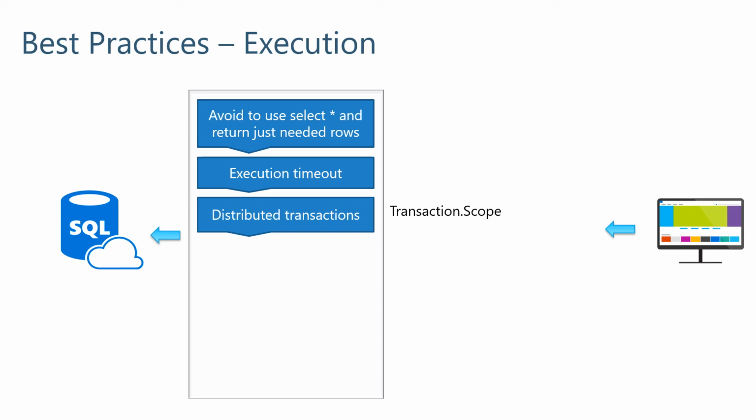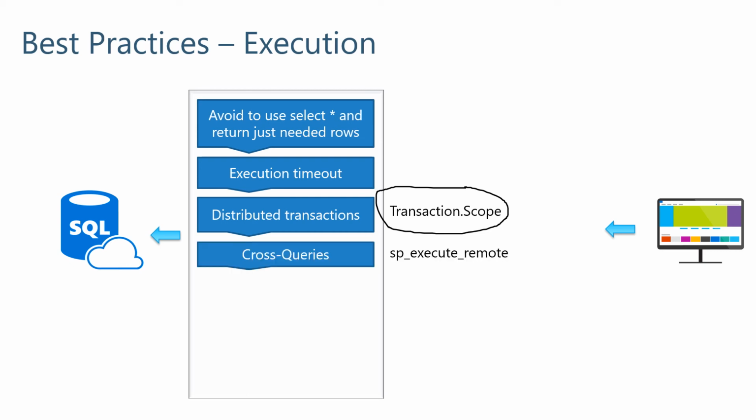So when you have two databases on different servers and you want to run one update in both databases, you have the option in your code, using transaction scope, to establish these distributed transactions. We are going to show in another chapter how to use distributed transactions.